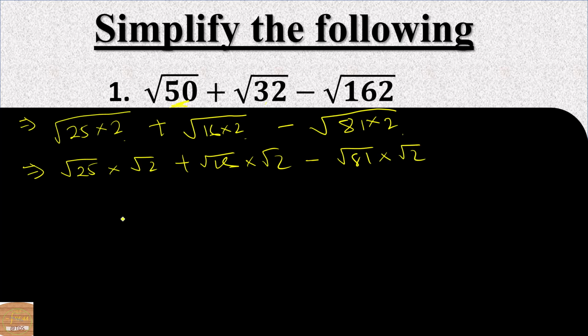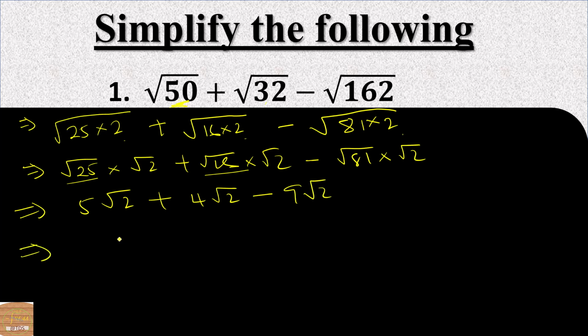So square root of 25 is 5, then 5 times root 2 is 5 root 2, plus square root of 16 is 4, times root 2, minus square root of 81. 9 times 9 gives us 81, so 9 root 2.